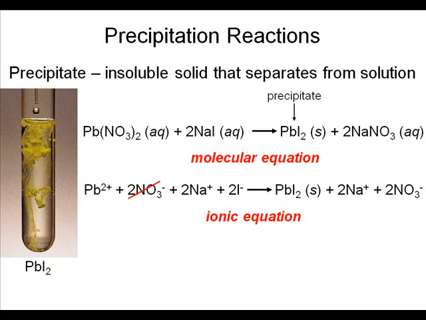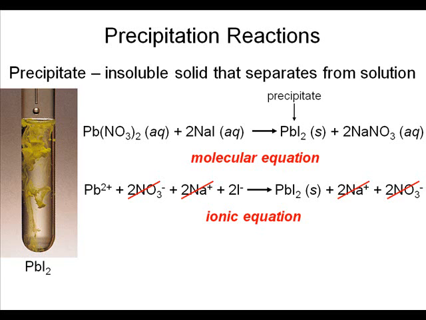Now notice, when you look at this, the nitrates appear on both sides, and the sodiums appear on both sides. Your argument would be, well, of course, they didn't form a solid. They remain as separate ions. They were ions to begin with, and they are ions at the end, so they appear on both sides.